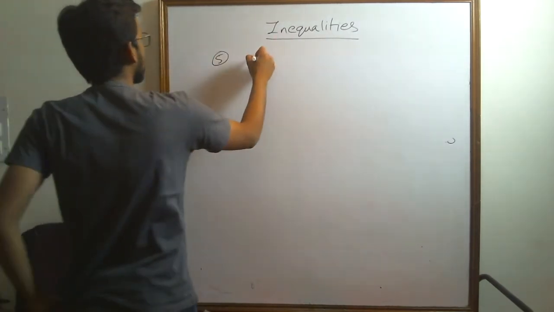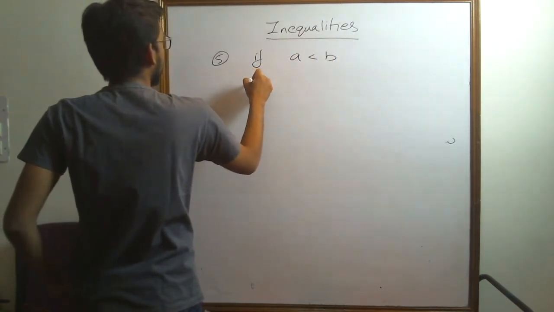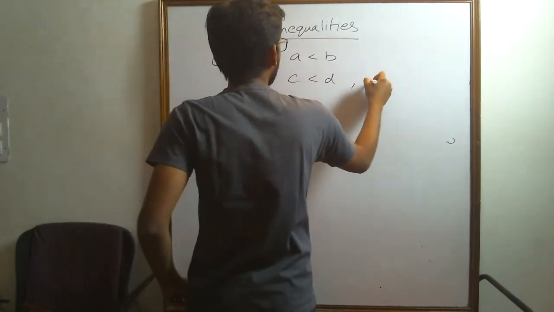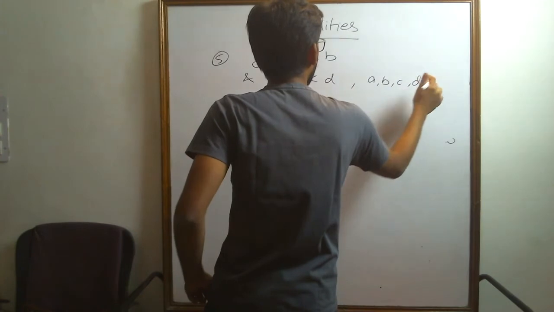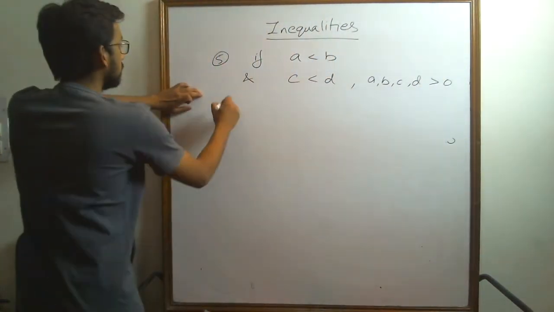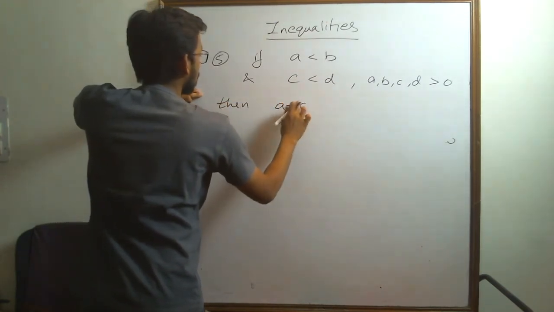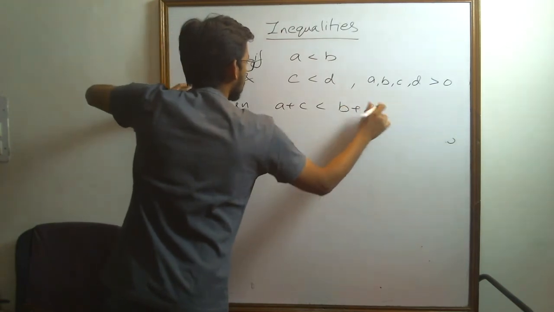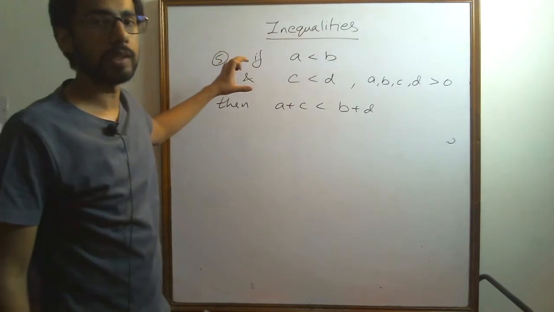Fifth, if A is less than B and C is less than D, and A, B, C, D are all positive, then A plus C will be less than B plus D. You just have to think with inequalities.